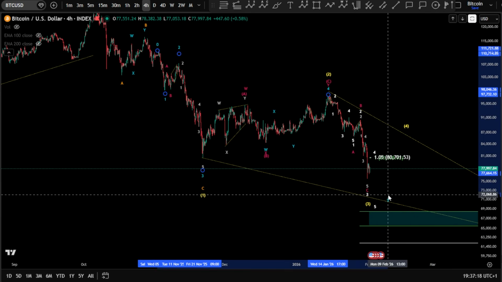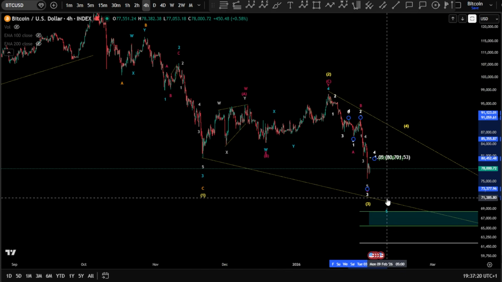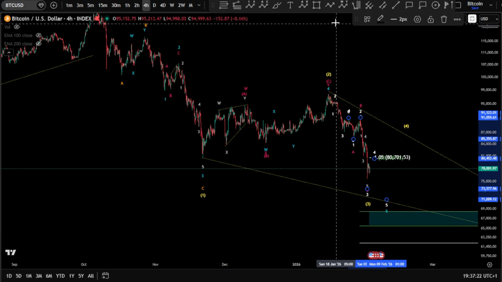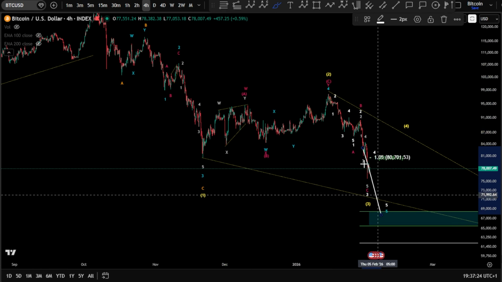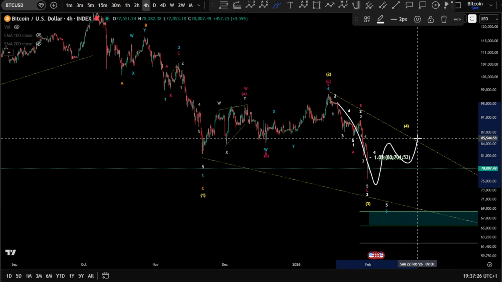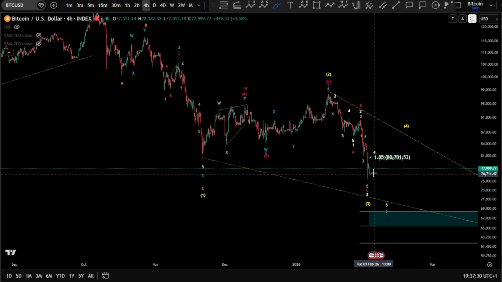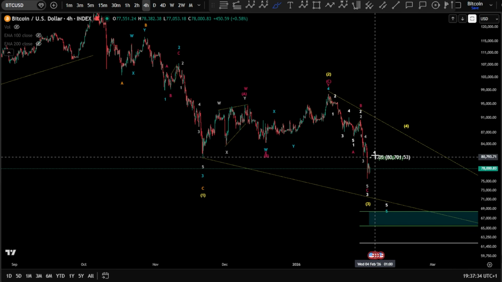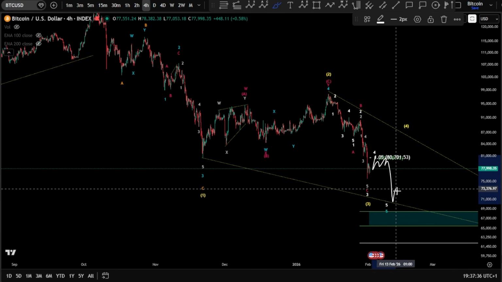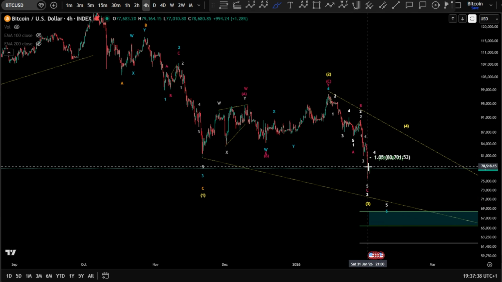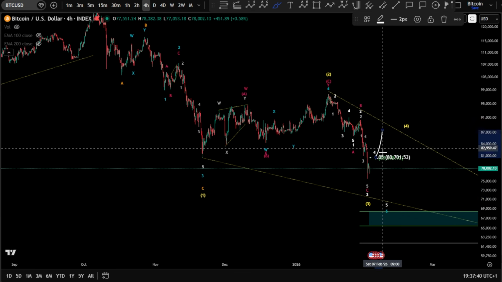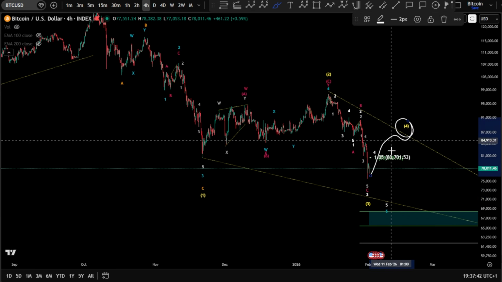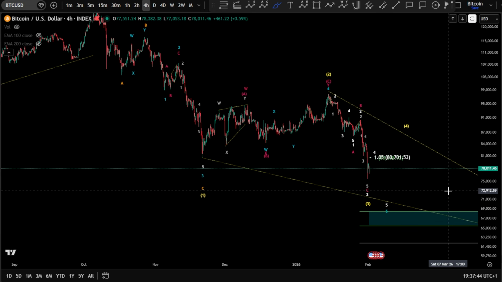I know it's a little bit complicated with the diagonal, that it might extend for something deeper, or it might start to push for something less aggressive. So our answer will be given at the 80k. If the price stays below the 80k, we might push for lower, definitely. If we break the 80k, very likely the wave 4 for this diagonal is unfolding over there.